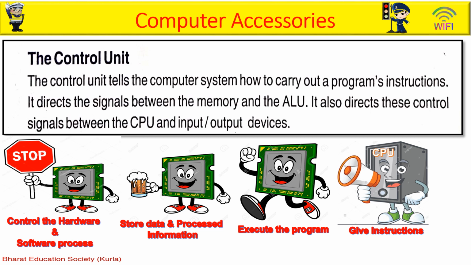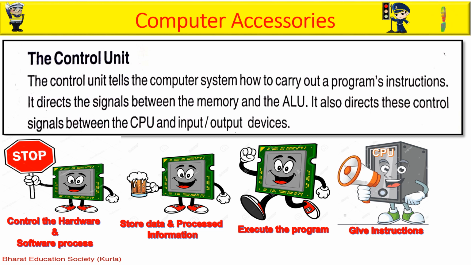Control unit acts like a traffic police. It is showing the direction where the data and information should flow inside the components of CPU. The control unit is a part of the CPU that is dedicated to deal with the controlling purpose. It coordinates with all the hardware components of the computer system and helps them to interact with the software system.